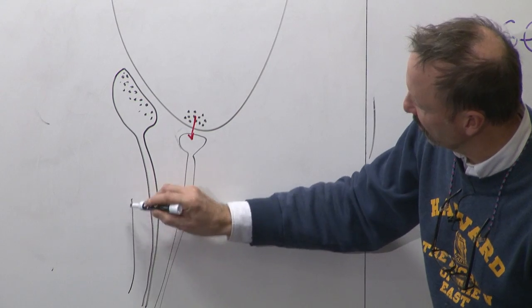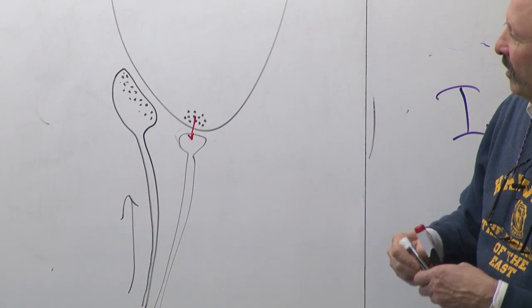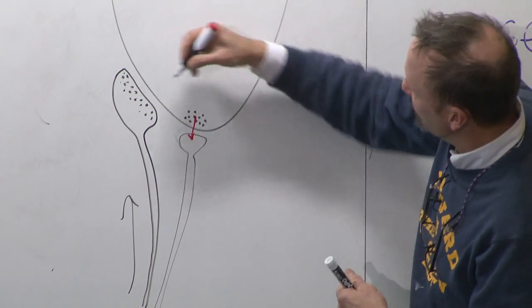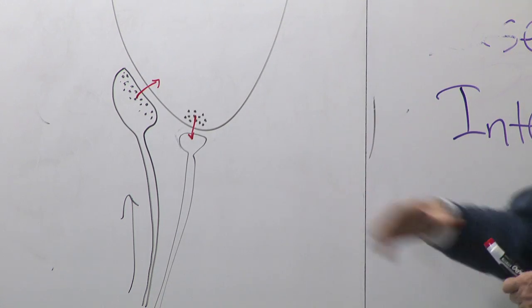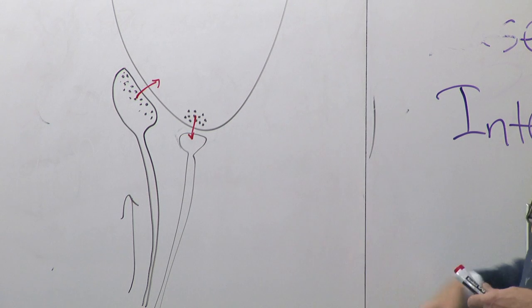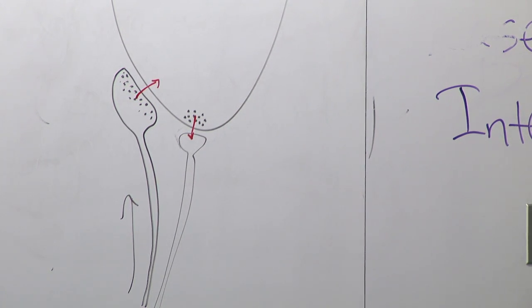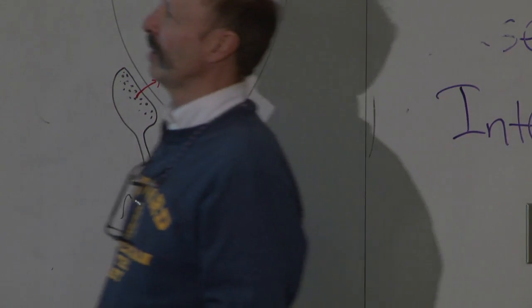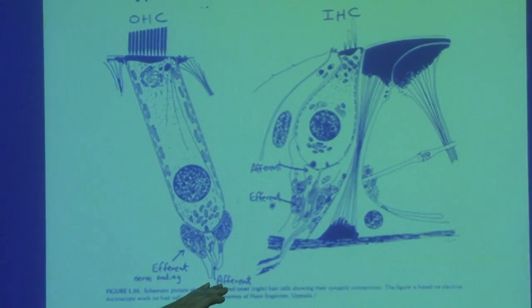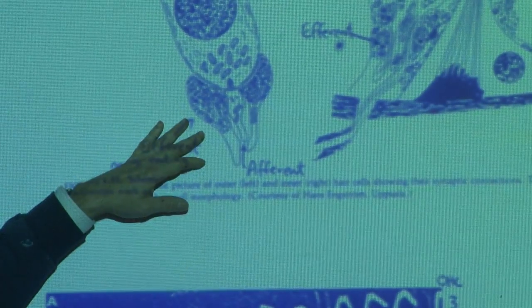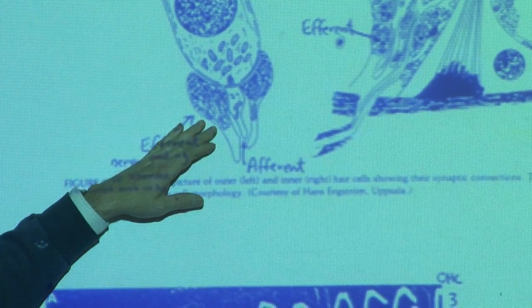When the message comes down from the brain, a whole bunch of these vesicles are released onto the hair cell. So by just looking at the nerve terminals in the electron microscope, you can get an idea of which direction the transmission is going, and so label them as either afferent or efferent. On the outer hair cells, there are many, many efferent nerve terminals on them.